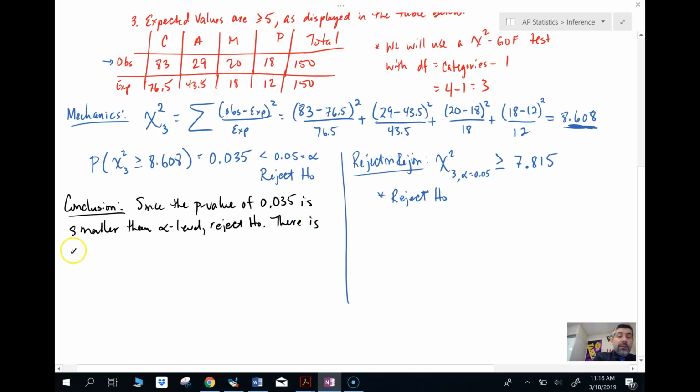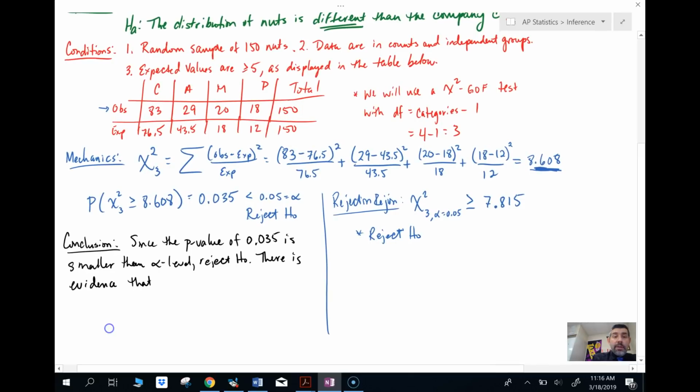There is evidence that, and then we rewrite our alternative hypothesis, that the distribution of nuts is different than the company claims.